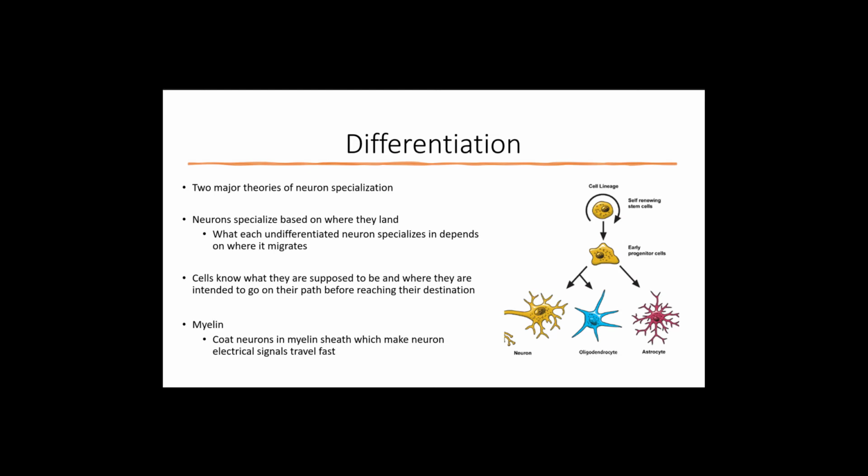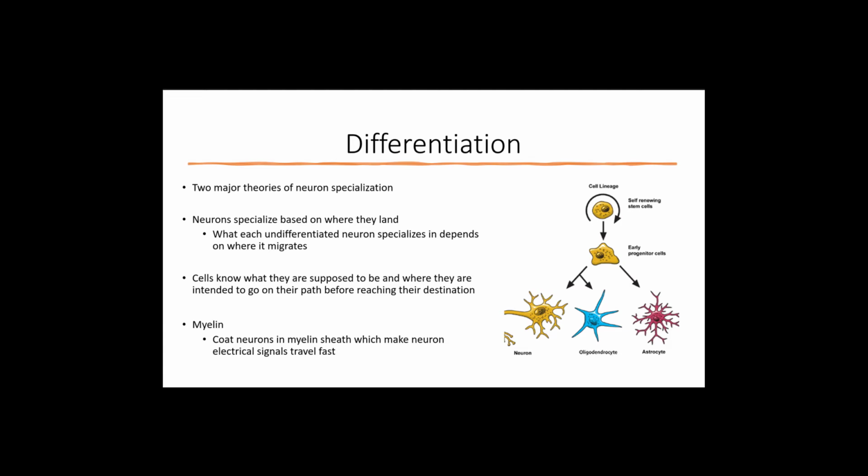Are they just floating along to a specific area, and once they get there, the other neurons say, hey, build some motor movement or something along those lines? Or do they already know where they're going to be? So the motor neurons think, I'm going to go to the motor cortex because that's what I do.